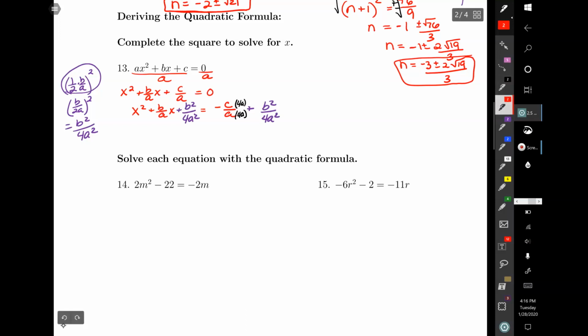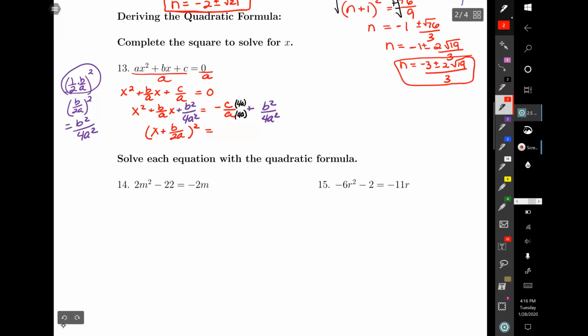So now on the left I can complete my square. I have x squared plus b over a times x, and I want to write it as my completed square. So x plus the b over 2a is what I want, all squared.